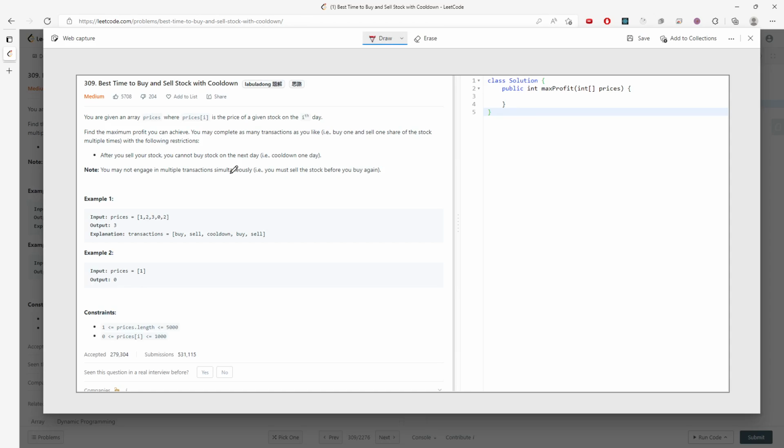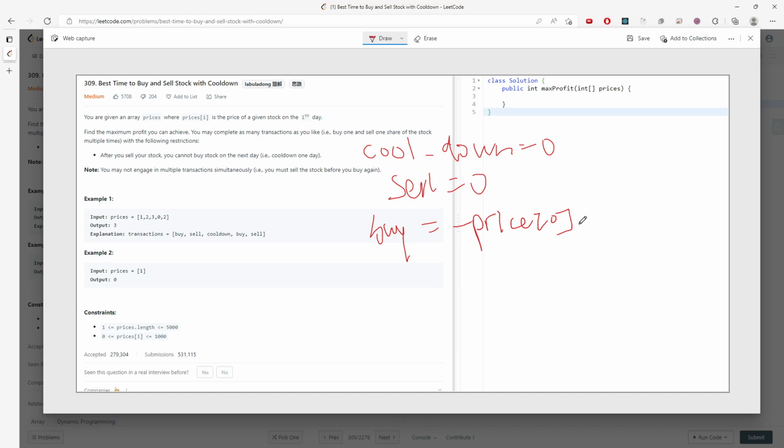So here it is. Initially the cooldown is definitely going to be 0, because you didn't buy and you didn't sell. So it's 0 by default. And for the sell, this is also going to be 0. Then I'm going to assume I buy the first one, so buy will be negative price at index 0.